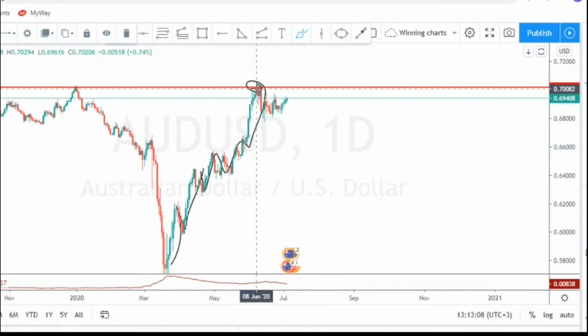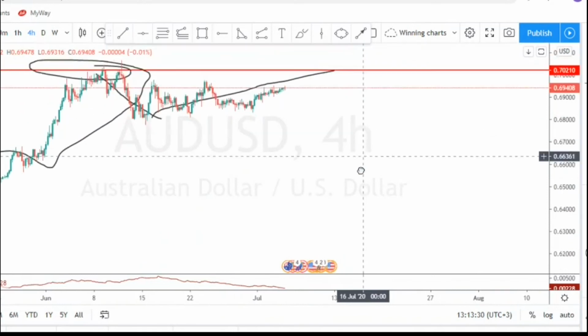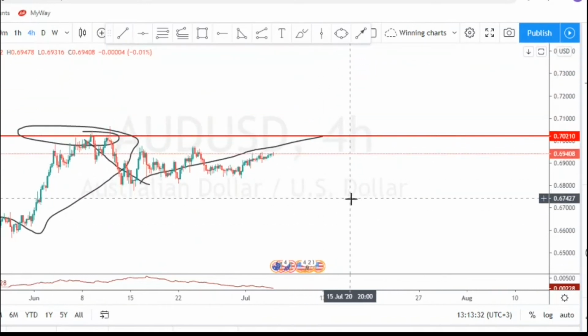So it made a retracement, and I'm waiting for this market to go back up to this level of structure. Then once this market gets back to this level of structure, I will go to a lower time frame where I look for an entry reason, then I go short as a counter trend.